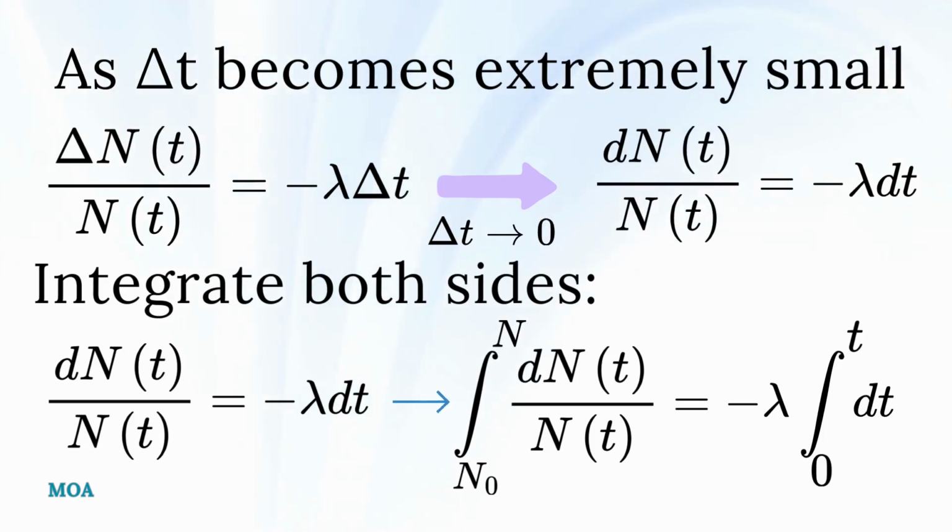dt. By integrating both sides, the left from N sub 0 to N of t, and the right from 0 to t, we have the integral of dN over N equals minus lambda times the integral of dt.